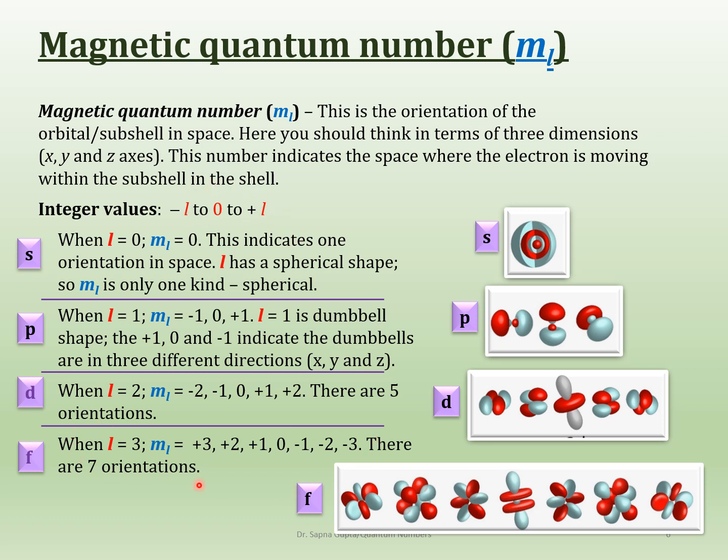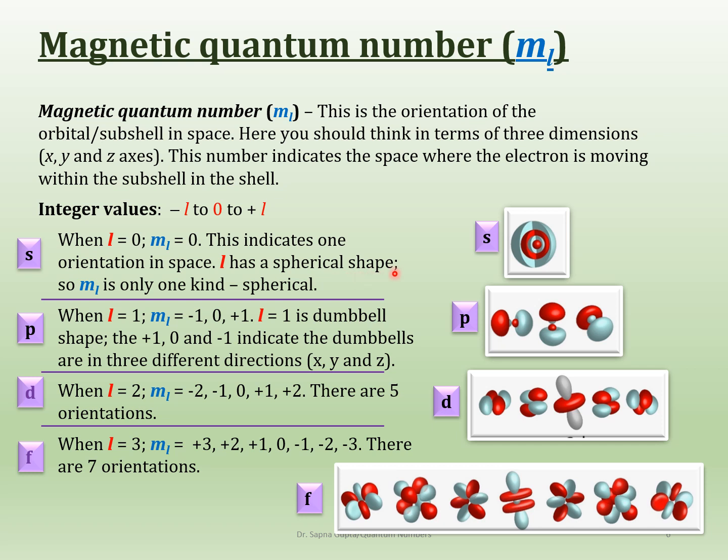What does all of this mean? What we are talking about is the orientation in which these orbitals exist. We had the shell number n, then we had the L number. Now we have the orbital, right? The S, P, D, and F. So now what we are saying is that S, L is equal to 0, S exists in what kind of an orientation?